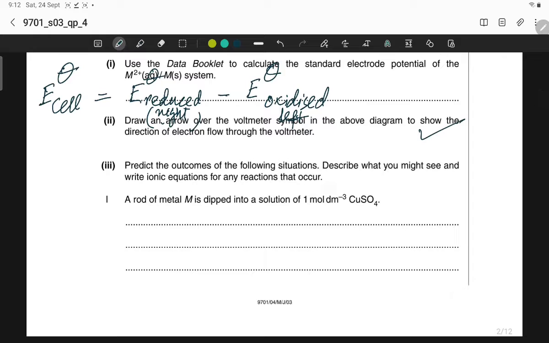Predict the outcome of the following situation. Describe what you might see. Write an ionic equation for any reaction that occurs.